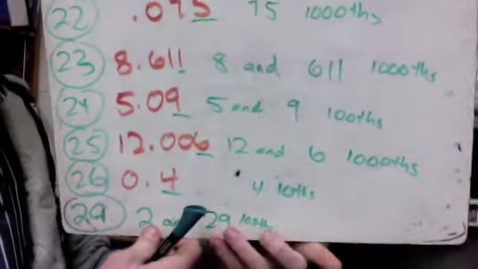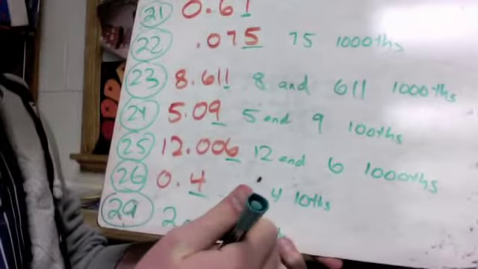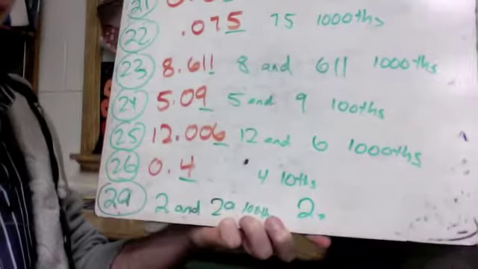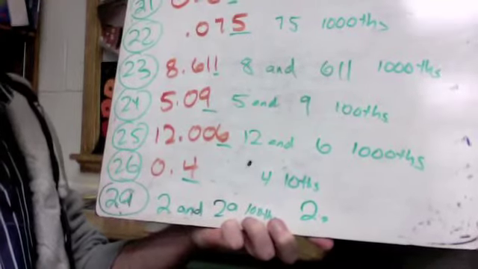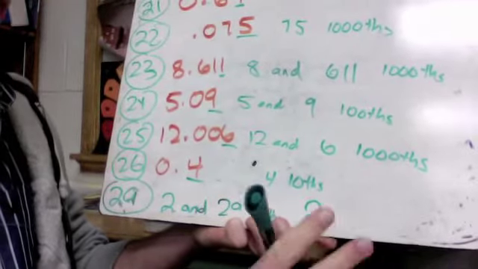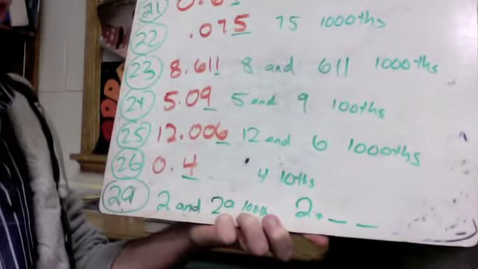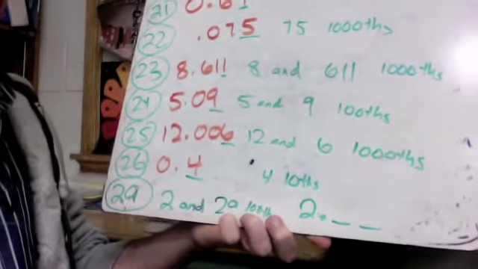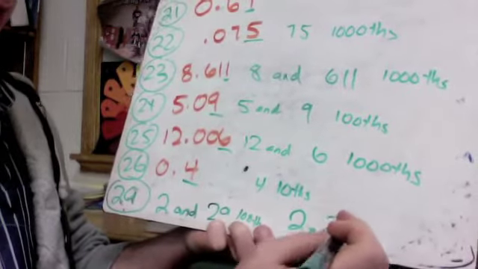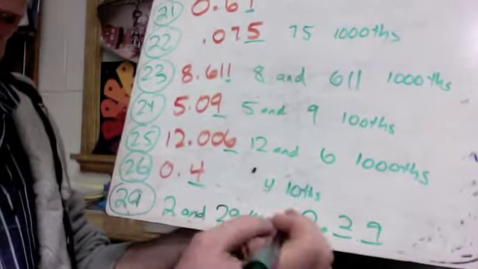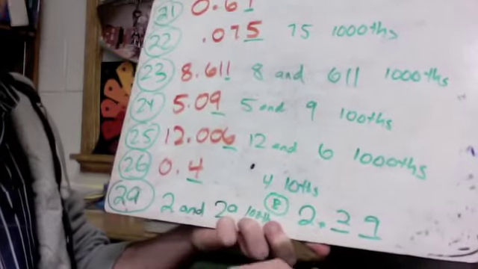So for number form, the 2 and just means it's going to start with 2 decimal point. Now we need 29 hundredths. So we need 2 decimal places because it's going to be tenths and hundredths. The 29 actually fits in those 2 spots. So our acceptable answer would be B for this one.